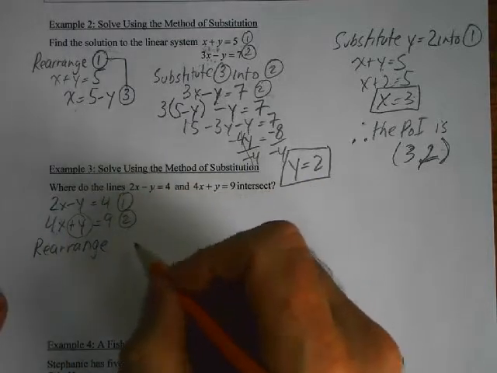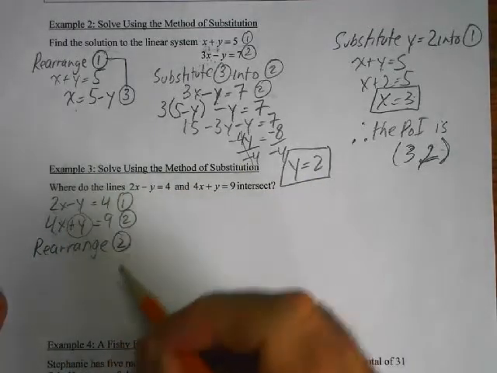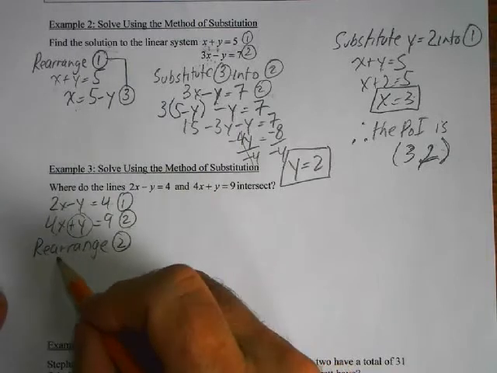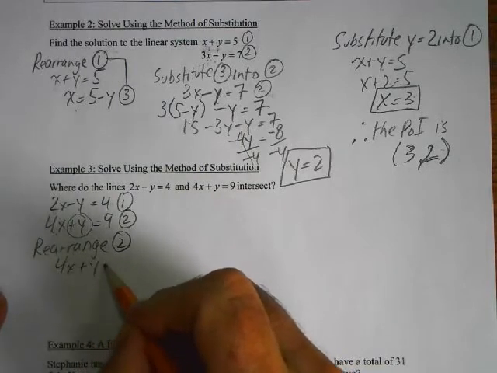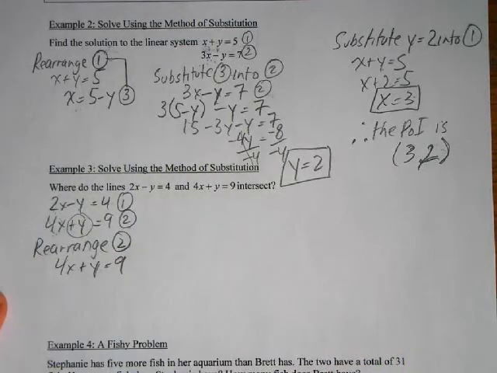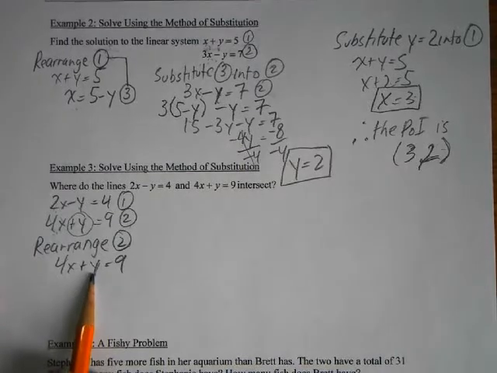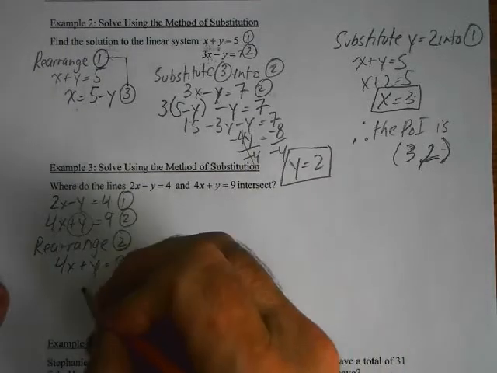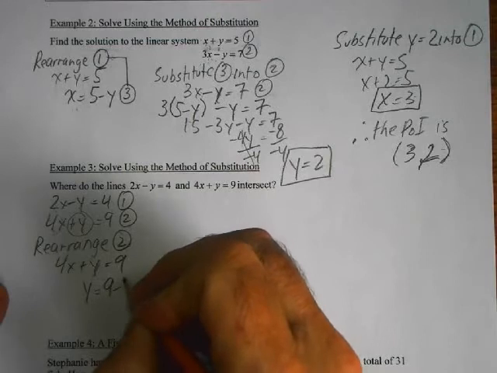So I'm going to rearrange equation 2. So 4x plus y equals 9, and since I want to rearrange for the y, how do we get the y by itself? I'm going to subtract 4x. So y equals 9 minus 4x.